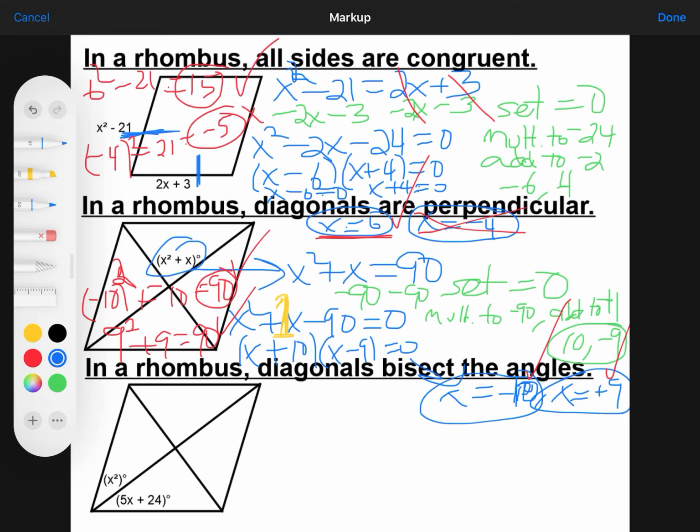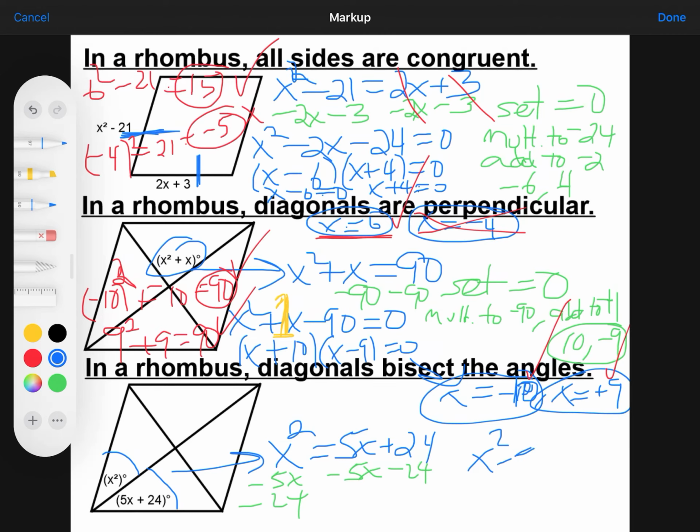Last problem, diagonals bisect the angles. What that means, this angle and this angle are the same. Similar to the first problem, you set them equal. Similar to the first problem, you take the things not on the x squared side, subtract them over.